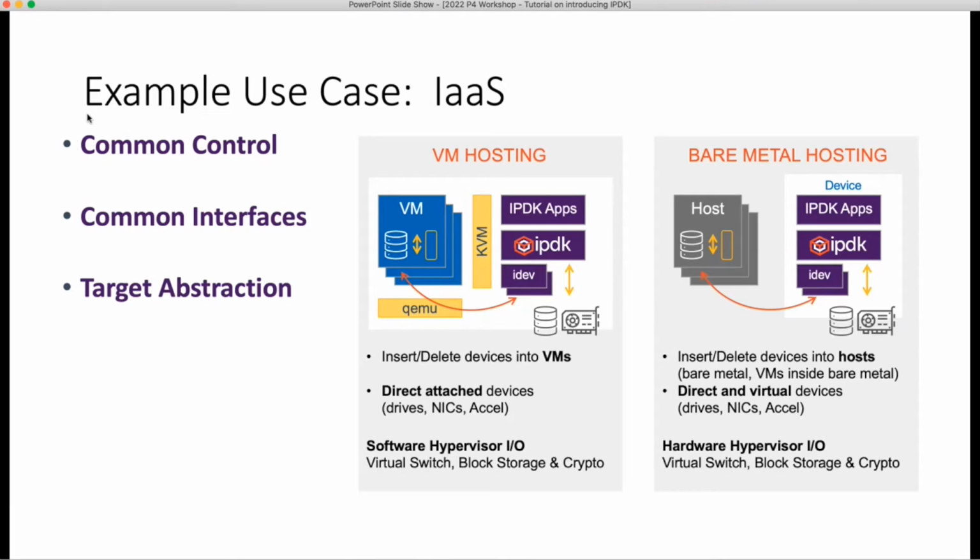These configuration apps will then in turn talk to the higher level end applications. We'll also use the same common interfaces, or essentially the same semantics, to connect devices to hosts and VMs. Semantics such as create a port or create a disk will remain the same across these two different usages.